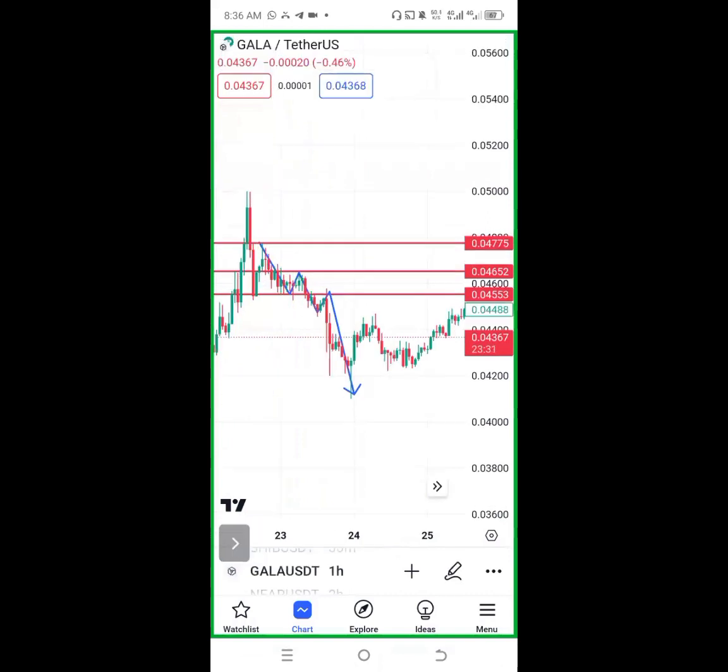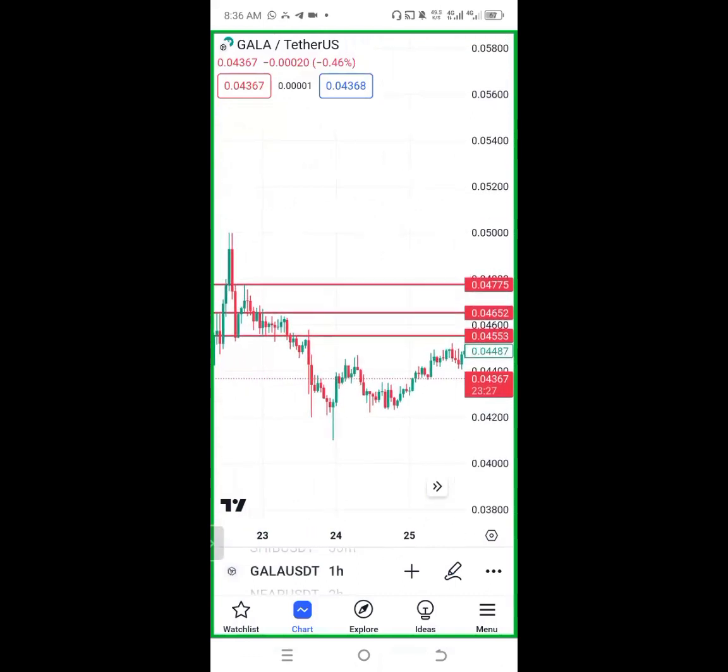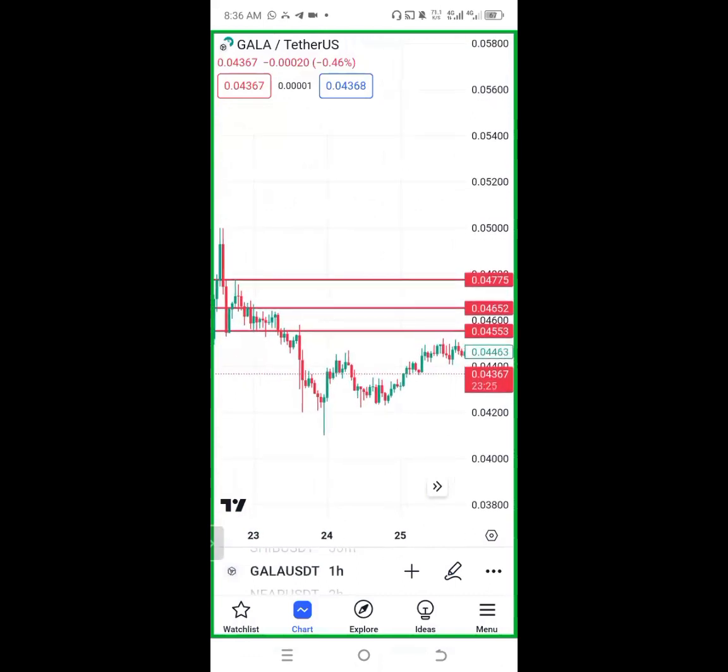When you're drawing a resistance line, what we must ensure is that the line touches the high of that particular candle with the longest upper wick. Okay, let it touch the high.